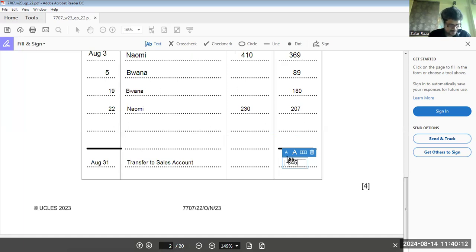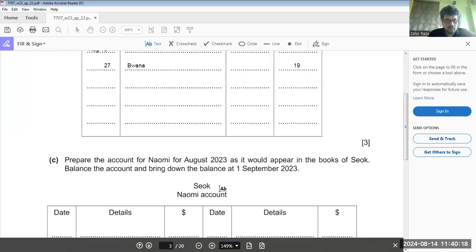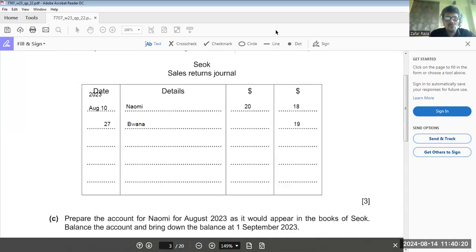Okay. We have completed this now. Now move to the sales return journal. We don't have any more transactions. So what will we do? Get the total. The total would be 37.